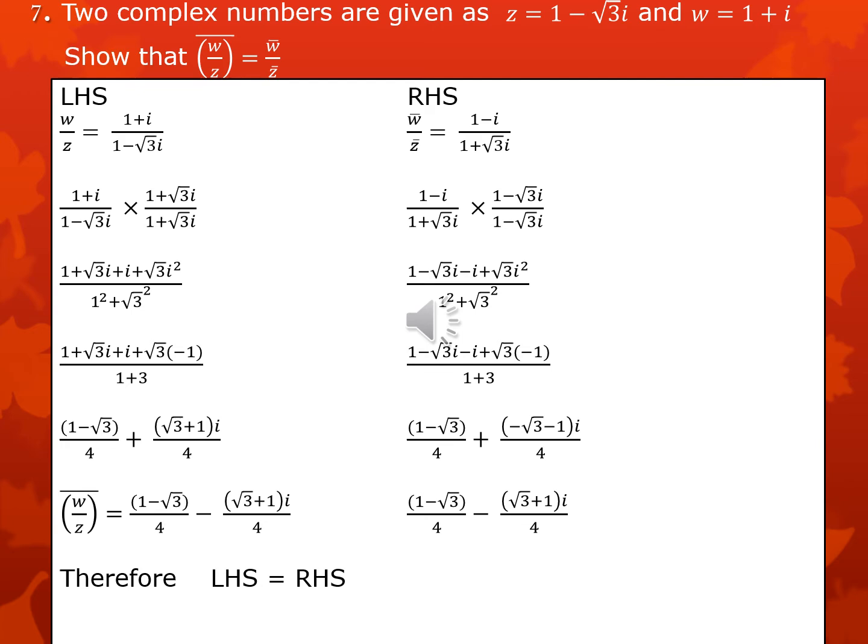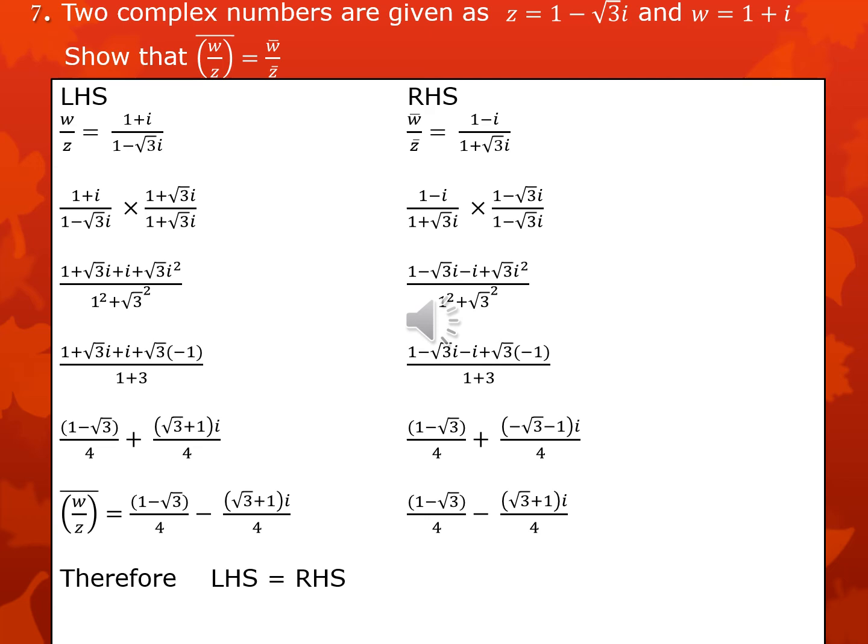Replacing w and z, our expression becomes 1 plus i over 1 minus root 3i. In order to simplify any fraction in complex numbers, we will have to rationalize. So simplifying 1 plus i over 1 minus root 3i, we have 1 plus i over 1 minus root 3i times 1 plus root 3i over 1 plus root 3i.